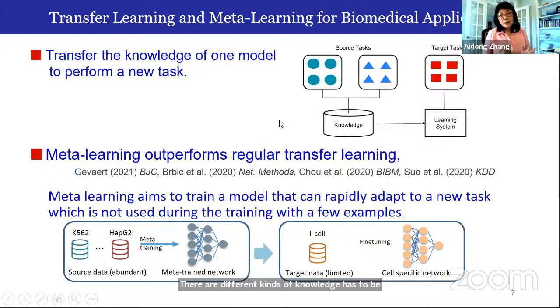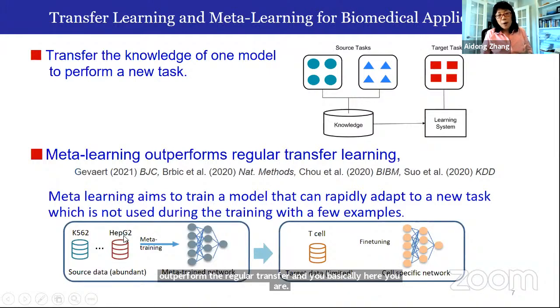The most popular one is to train a neural network model on some related tasks and transfer the parameters to the target tasks. That's what the original transfer learning is. Now the latest meta learning has been shown to outperform regular transfer learning.